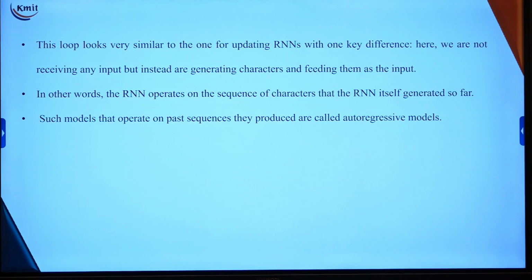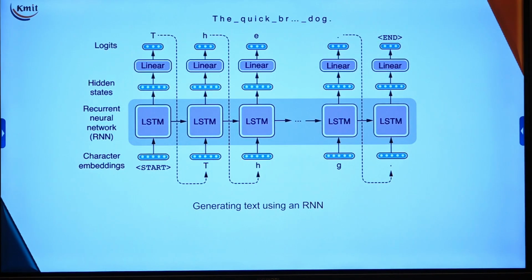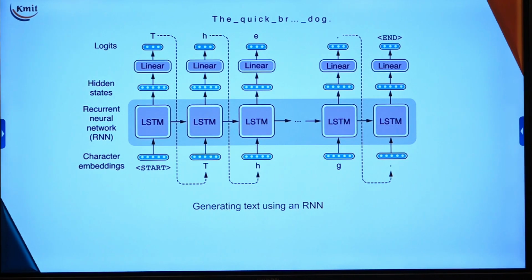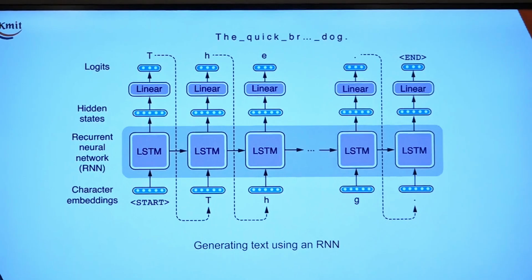In other words, the RNN here operates on the sequence of characters that the RNN itself generated so far. These kinds of models operate on past sequences, and they are called autoregressive models. This is a simple architecture of generating text using an RNN.